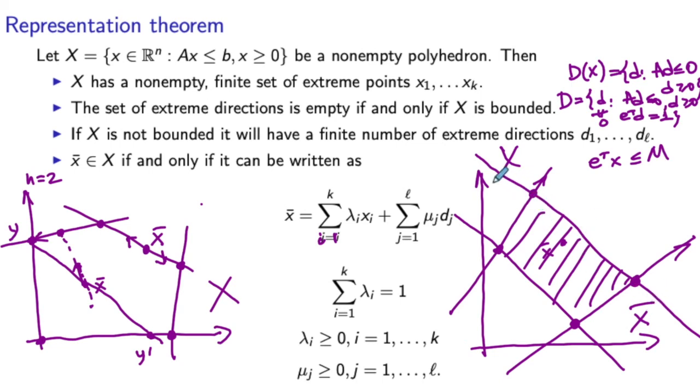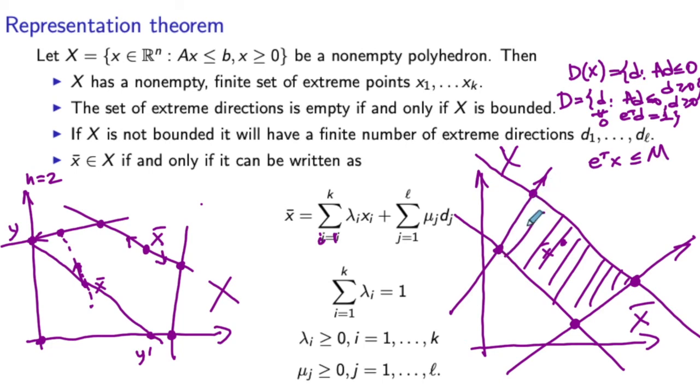And then we'll need to replace the extreme points that correspond to this new hyperplane that we added with the sum of an extreme point of the original set and the extreme direction of the original set. So for example, this extreme point right here can be represented as a sum of this extreme point and the extreme direction that takes us to this point from this extreme point, right?